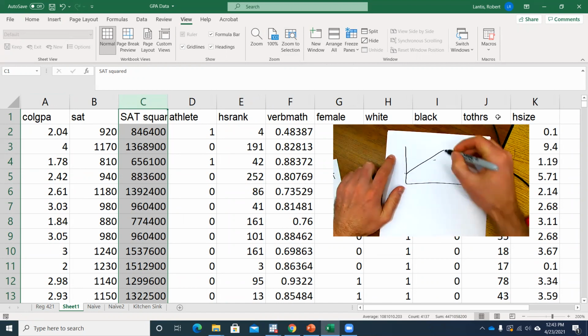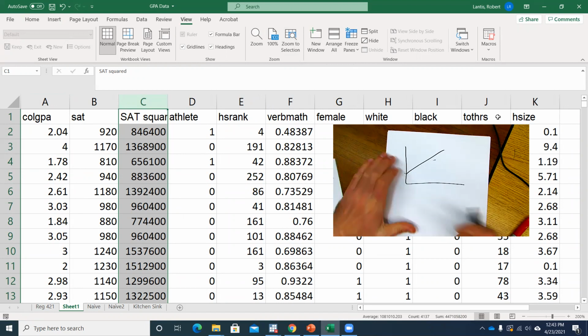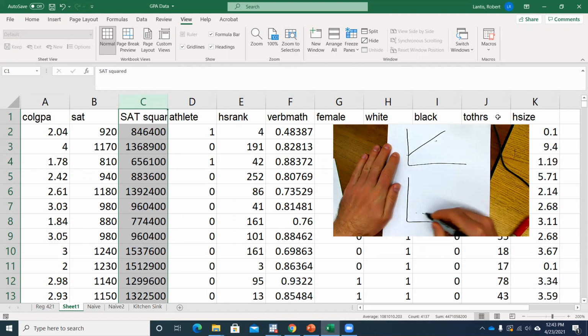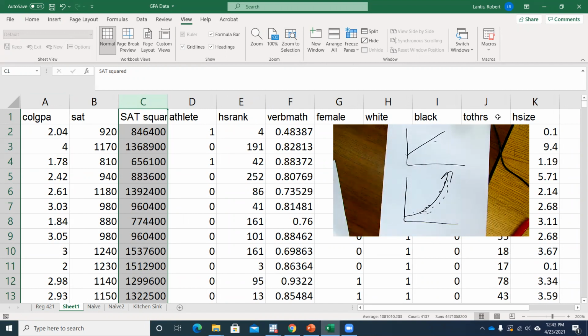Before, we had a linear relationship between things, right? Well, it's very possible that the line of best fit for my data is actually not linear. If I tried to draw a linear line of best fit here, I'm going to be making more errors than if I allow it to be non-linear.